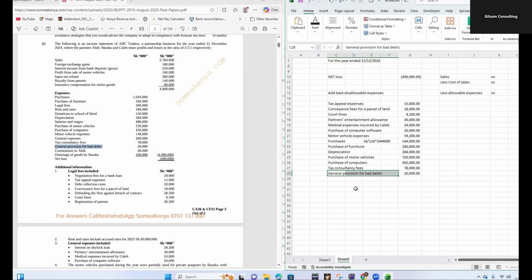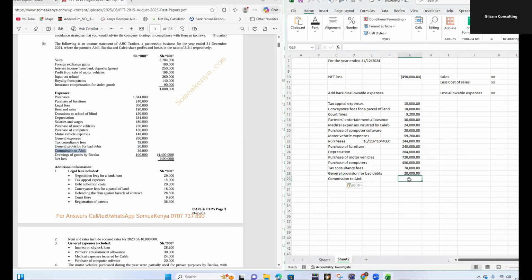But if you say customer K was not able to pay us, then they can say, write it off here, but give us the power to collect that amount from them. That's why they allow the specific bad debt, because they can recover from that. But general is disallowed. Then we have a commission here to Abdi.